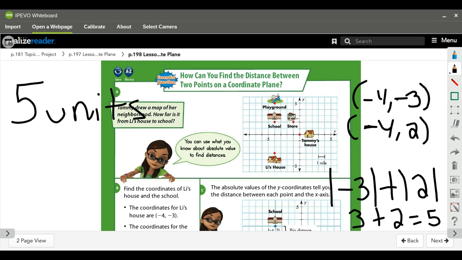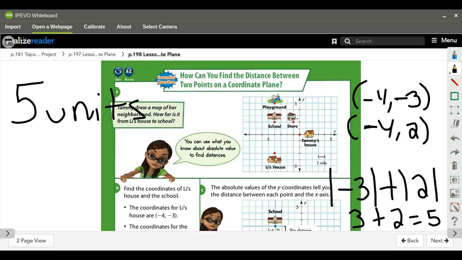Okay, so when I'm looking for distance, I'm first going to identify the coordinates, then determine whether I'm going to add or subtract. I'm going to add if they are in different quadrants and subtract if they're in the same quadrant, and then I'm going to use the absolute value. And if you recall, absolute value is always a positive number because it's representing distance.